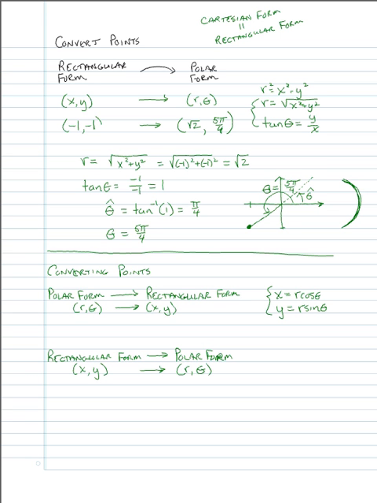Well, here we can calculate r relatively simply. We can say r is the square root of x squared plus y squared. Since we know x and y, this is simple. Now, for theta, we have to say, oh, the tangent of theta is equal to y over x. But using our calculator and coming up with inverse tangent of y over x is not always going to be appropriate or accurate, maybe I should say. So when we're using this, we need to be careful.